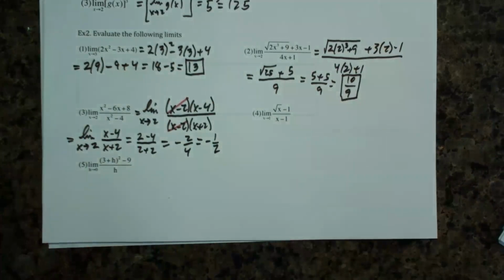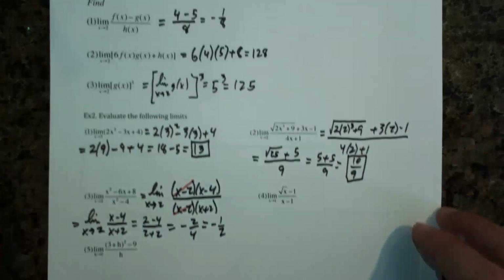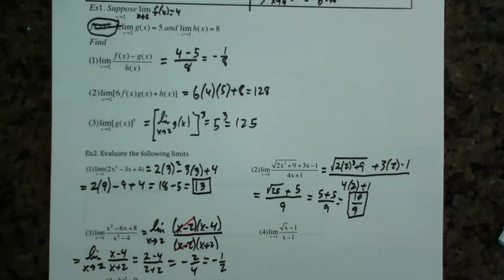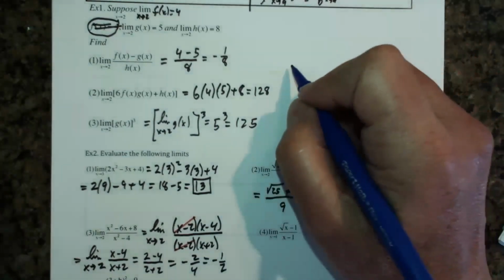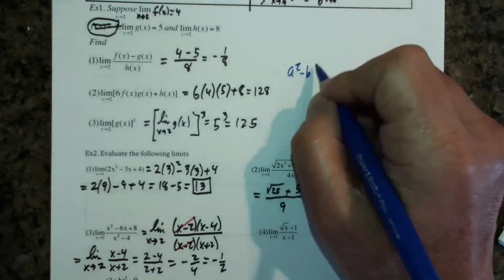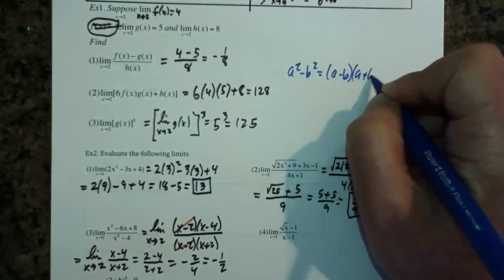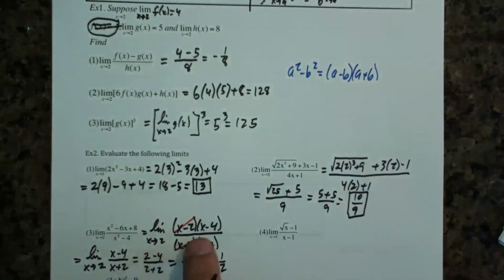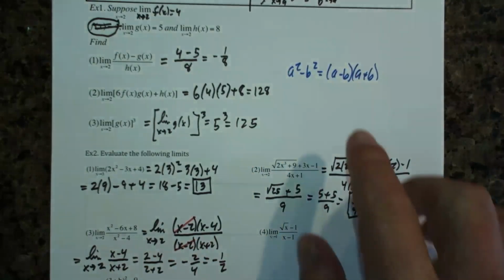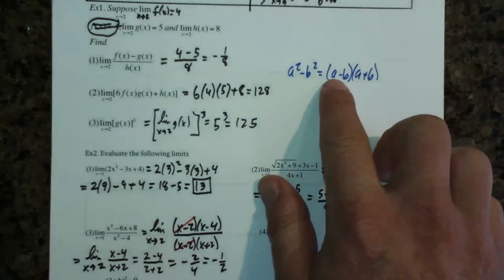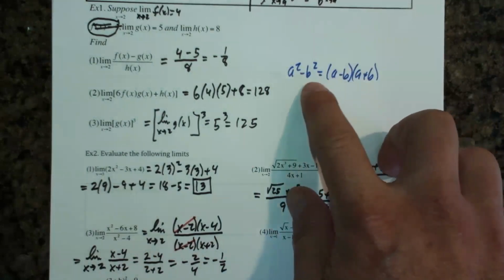All right. Now for number 4, we're going to get a little fancy here. And I want us to recall a rule we already know called the difference of squares. We, of course, just use that here, right, in the denominator. But instead of viewing it as this number squared and that number squared, we're going to go the other way.